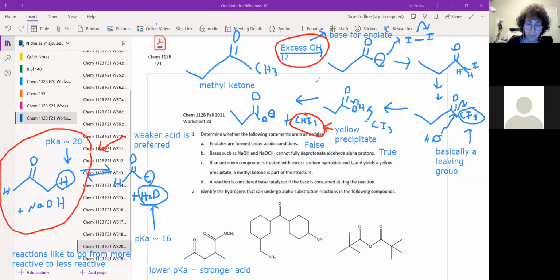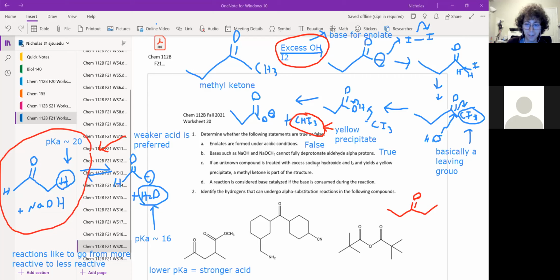And just as an example of something he could ask, I don't know if this would come up on the test, and if it does, I don't know how exactly, but maybe he could ask, if you added these conditions to, say, this structure here, would you form a yellow precipitate? And if you don't know how the yellow precipitate forms or what it indicates, then you wouldn't be able to answer this.